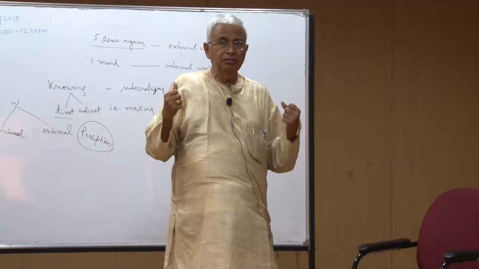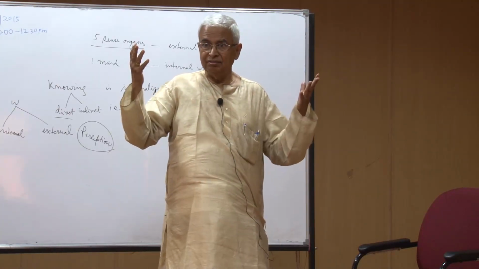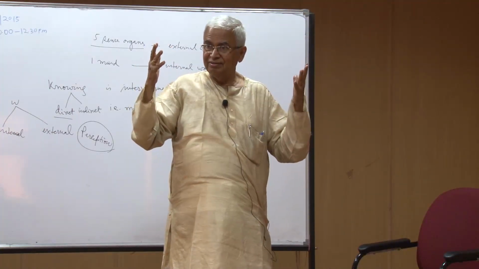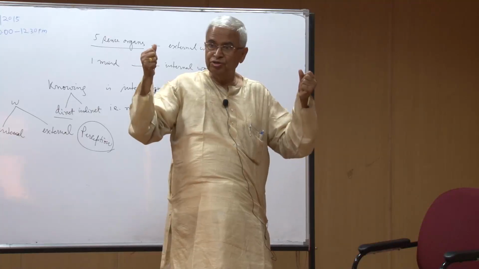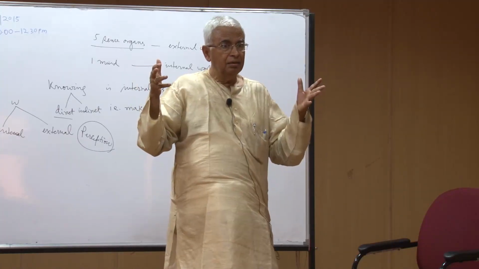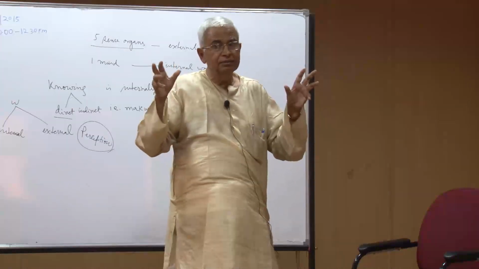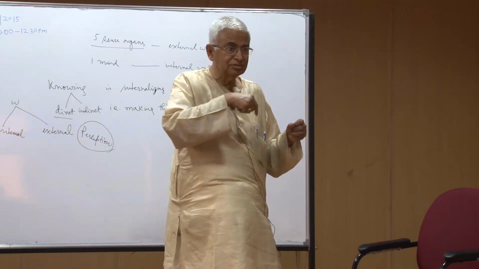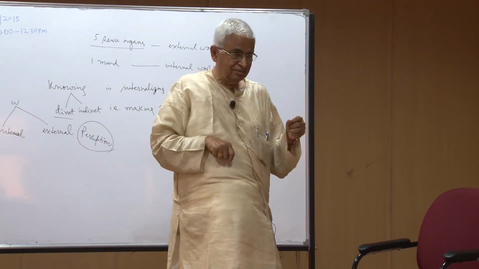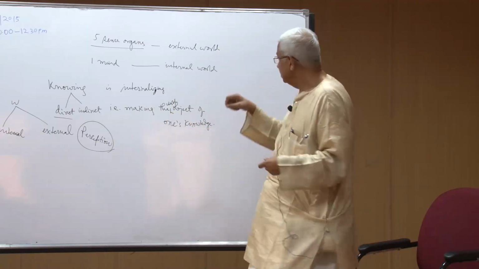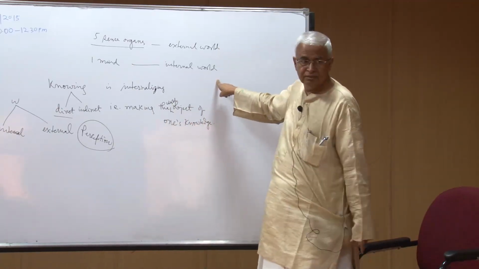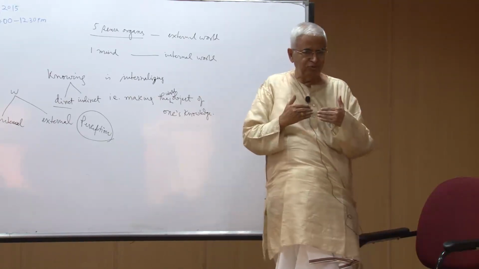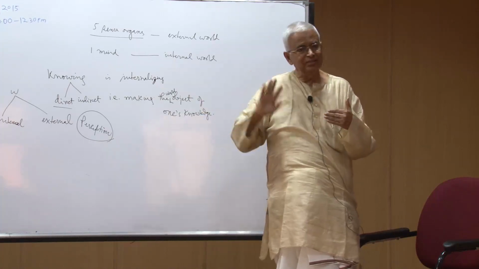Aham Jnanavan, Aham Ichchavan, Aham Prayatnavan, Aham Sukhi, Aham Dukhi, like that. This is all Jnana. How is this Jnana occurring? Mind is doing this. Mind is an Indriya posited to know the internal world. So mental perception also is direct. Perception is the direct way of knowing, and all other modes of knowing are indirect.